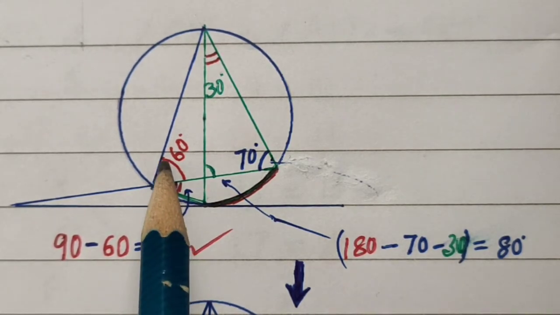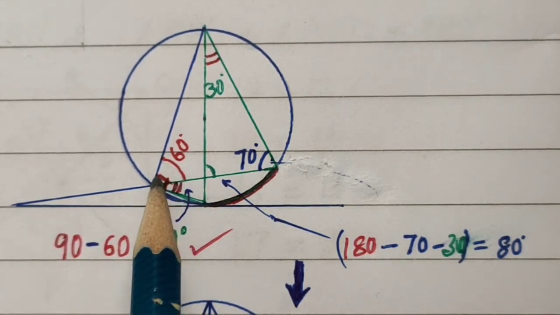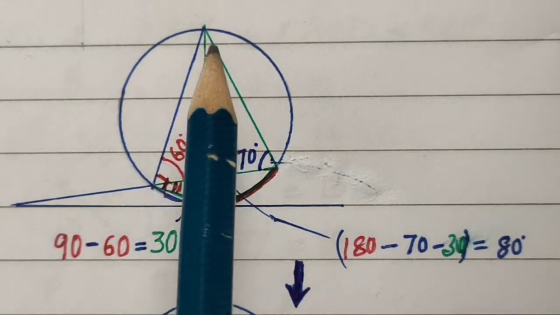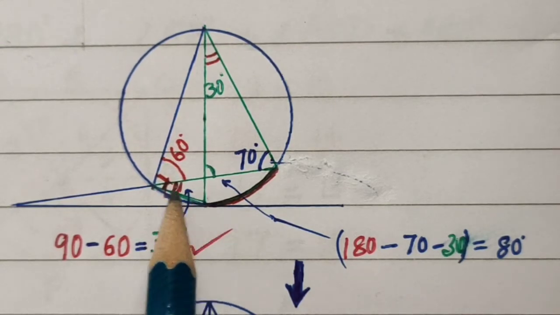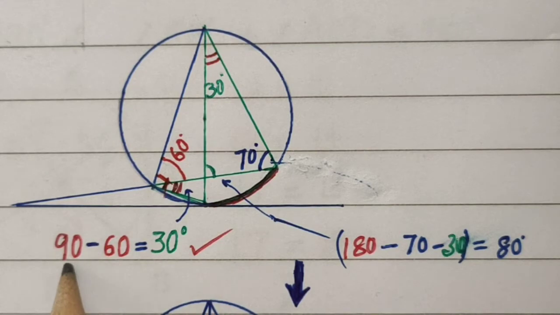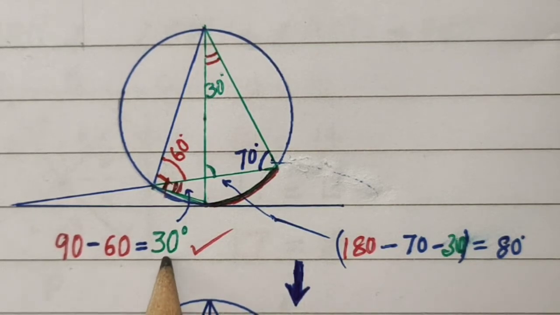We have found out just now this has 60 degrees. 90 minus 60 will give this angle. 90 minus 60 will give 30 degrees.